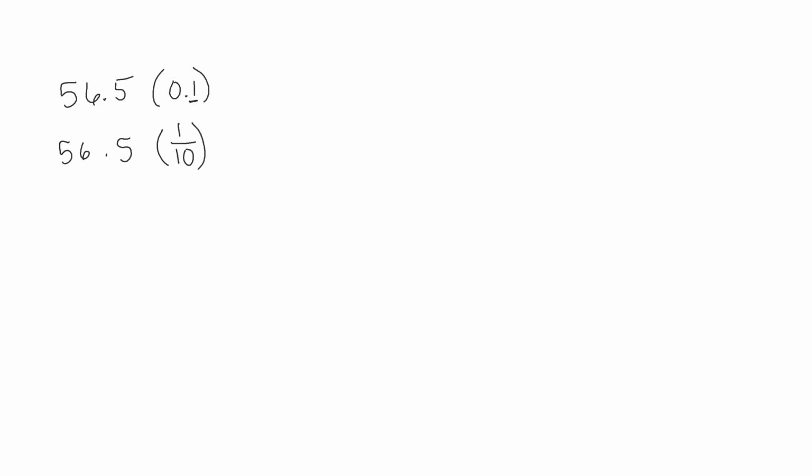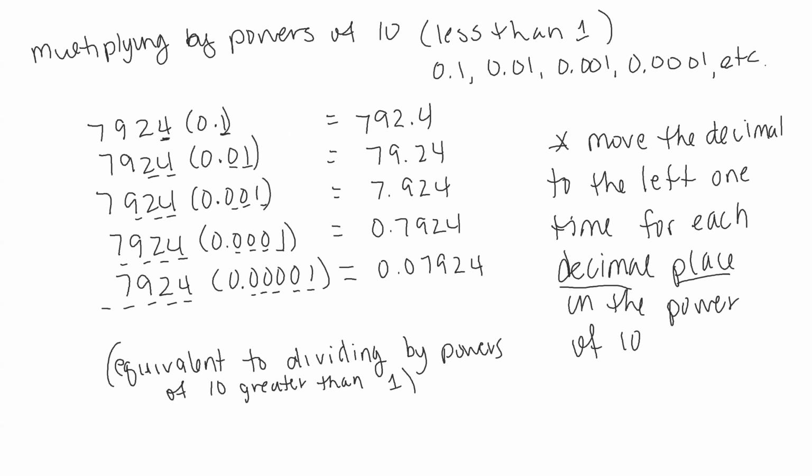So I've got 56.5 times 1/10, but let's look at what that really looks like. That looks like 56.5 divided by 10. So when you're multiplying by these powers of 10 that are less than 1, it really is identical to just dividing by powers of 10 greater than 1. And in the next video, when we talk about dividing decimals, we can look at that a little deeper.